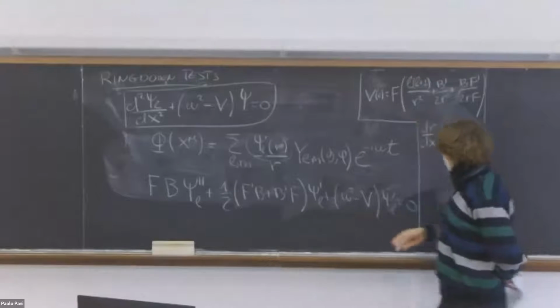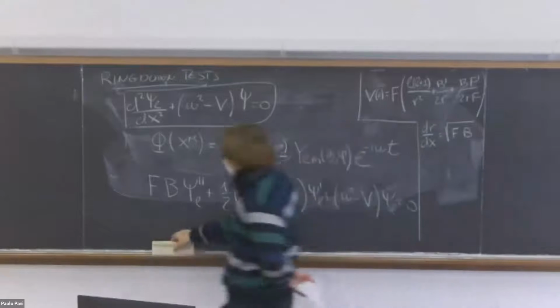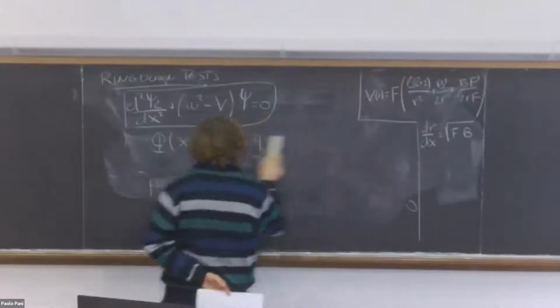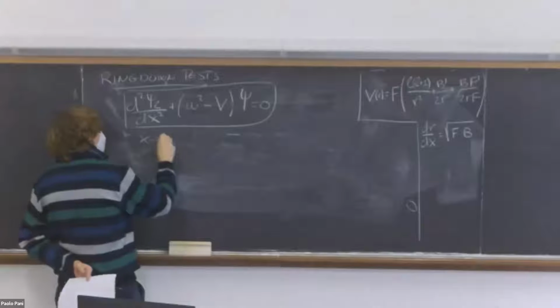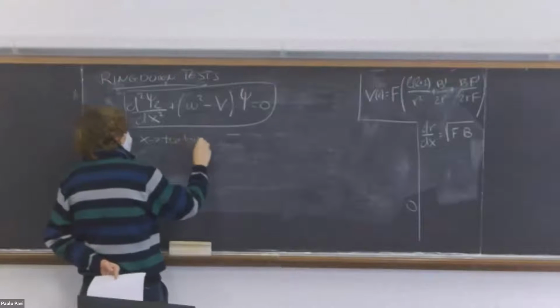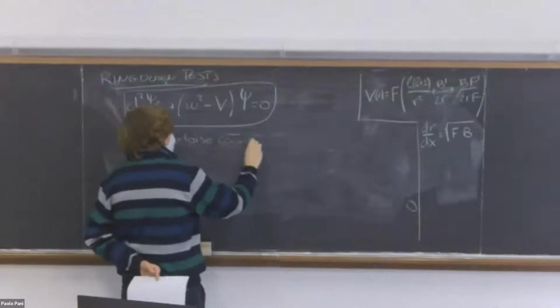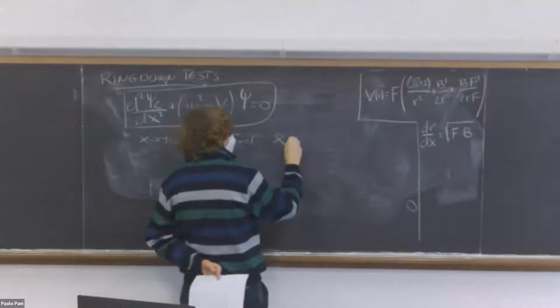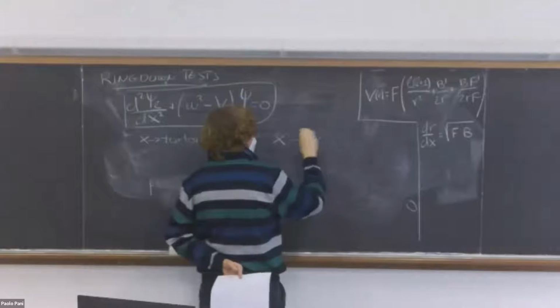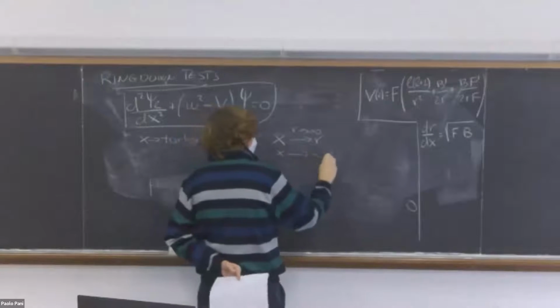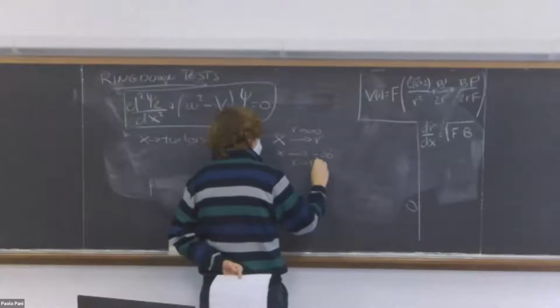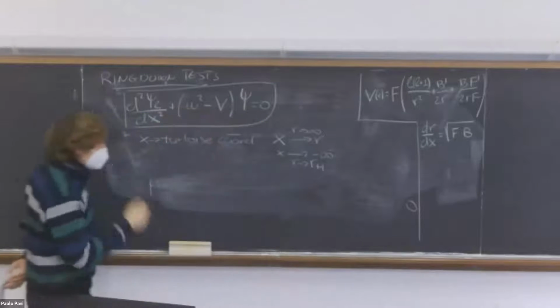So this coordinate x is typically called the tortoise coordinate, and it has the properties that it goes to r when r goes to infinity, and it goes to minus infinity when r goes to the horizon of the geometry.